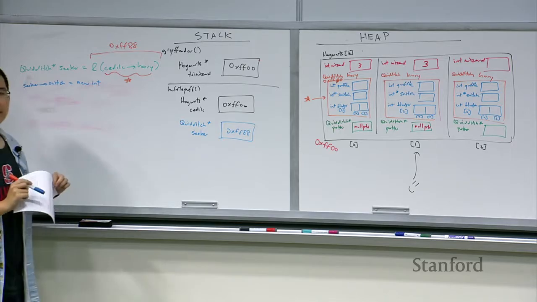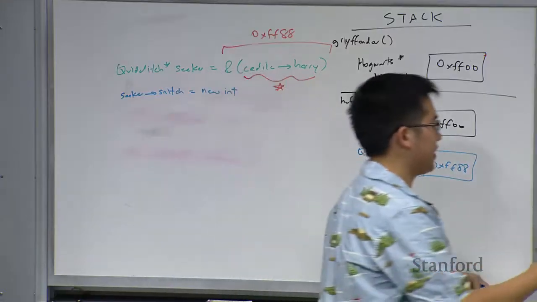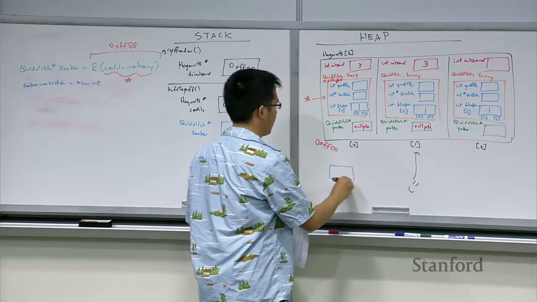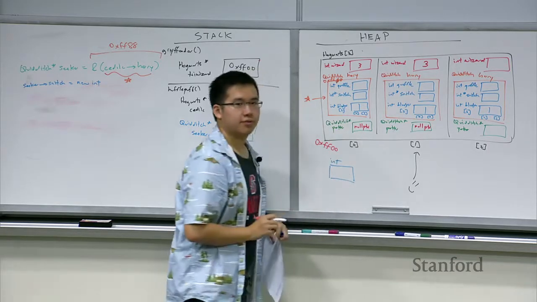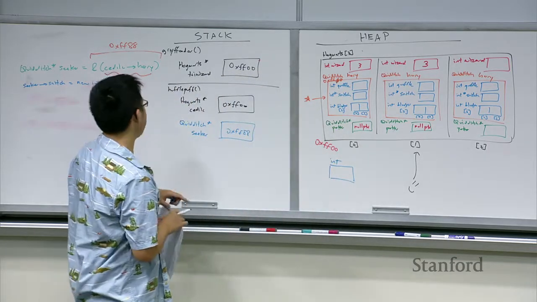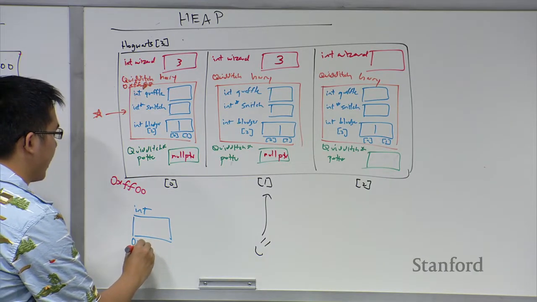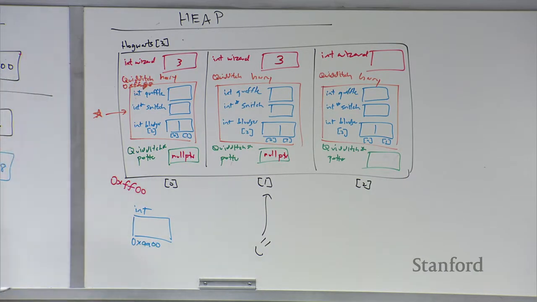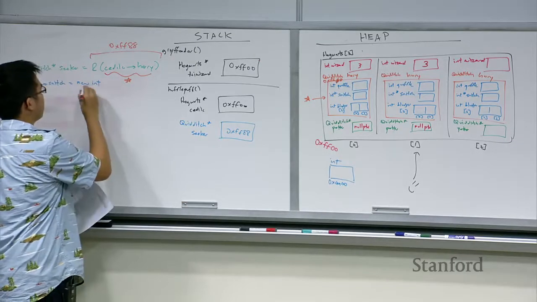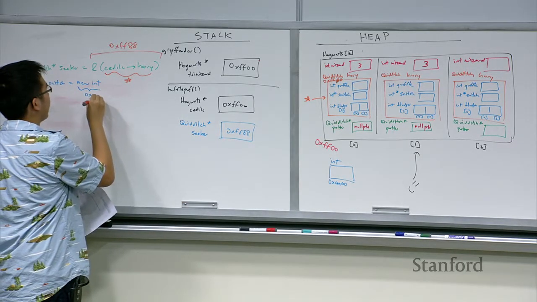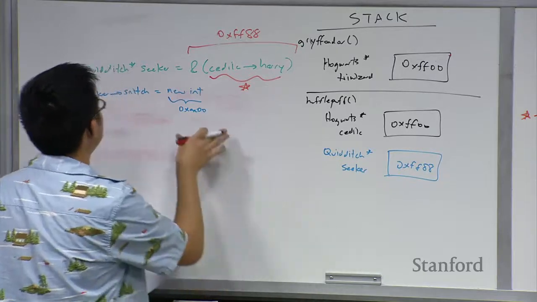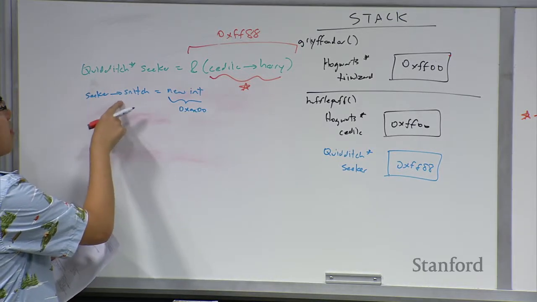We're using the new operator, so that creates an int on the heap. And then remember that new returns the address of it, so let's call this 0xAA00. Okay, so new returns the address 0xAA00, and then we're going to store that inside seeker arrow snitch.